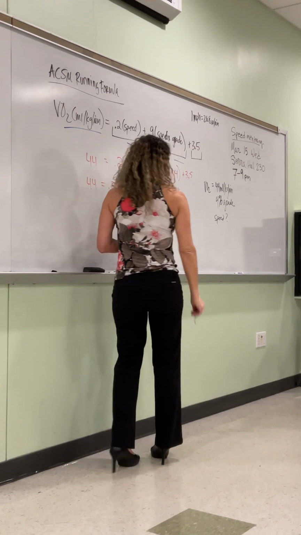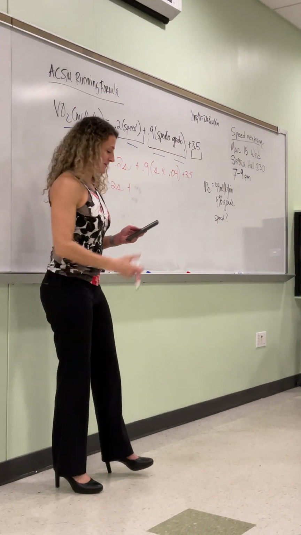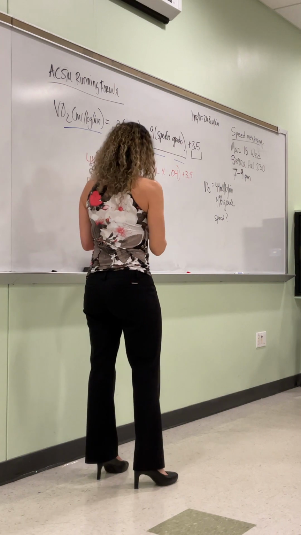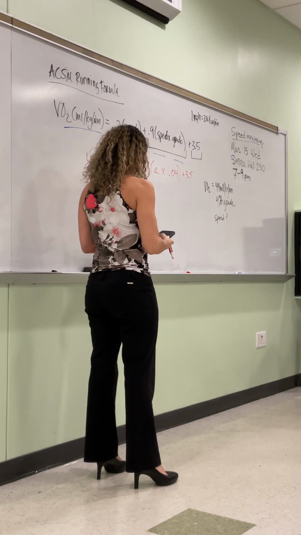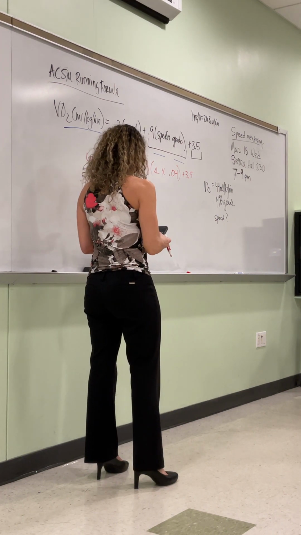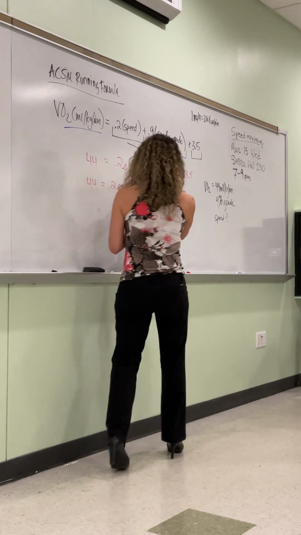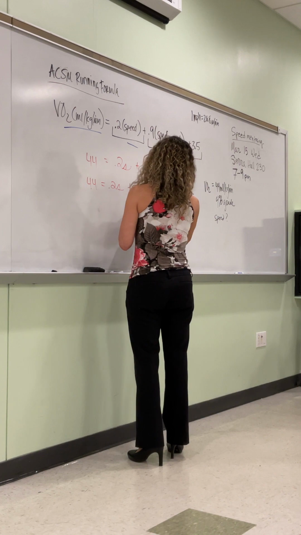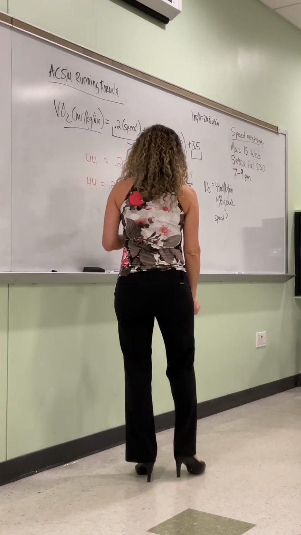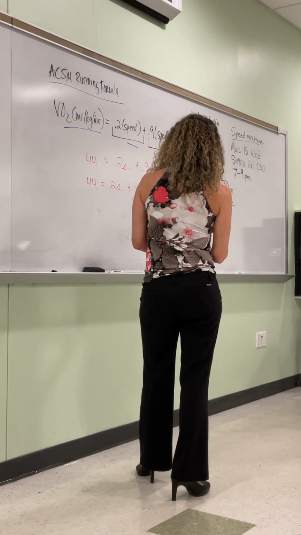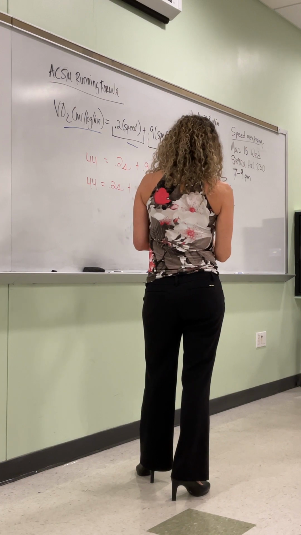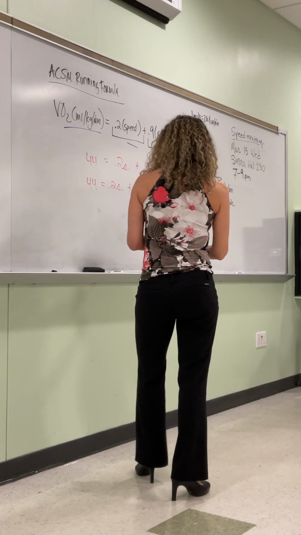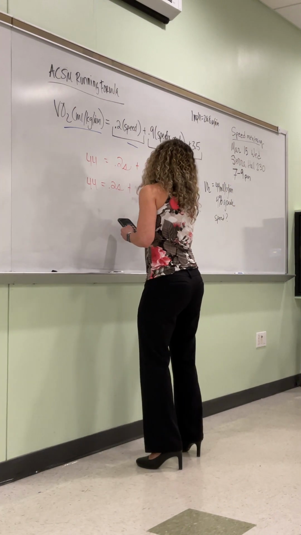If I multiply the S times the 0.04, I get 0.04S, and then I can multiply that by the 0.9. Right.